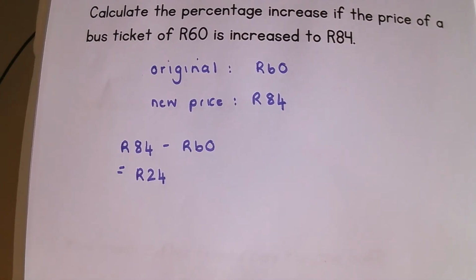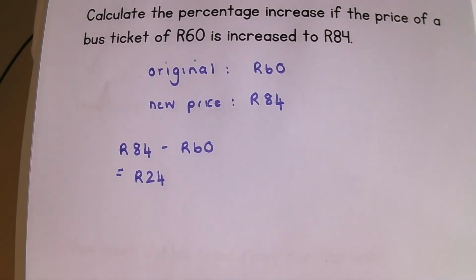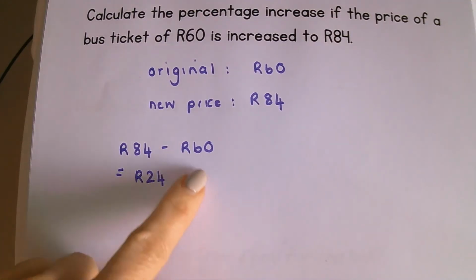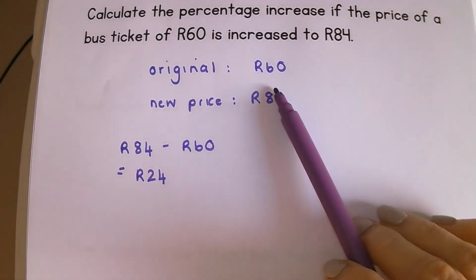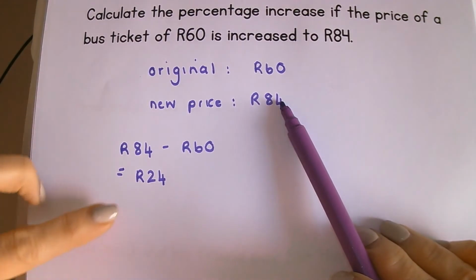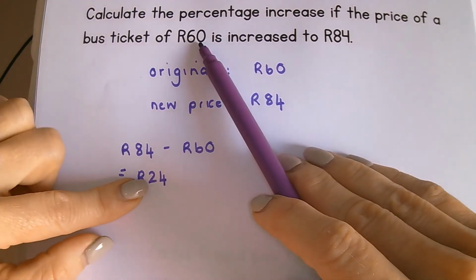Now we need to work out, remember the question's asking us, what is the percentage increase if the price of the ticket has increased from 60 to 84 Rand? So we've worked out what the difference is. Now what we do is we take that difference and we put it over the original amount. That's why I wanted you to write this part. We need to know which is the original and which is the new price, because we've increased the price by 24 Rand on the original price.